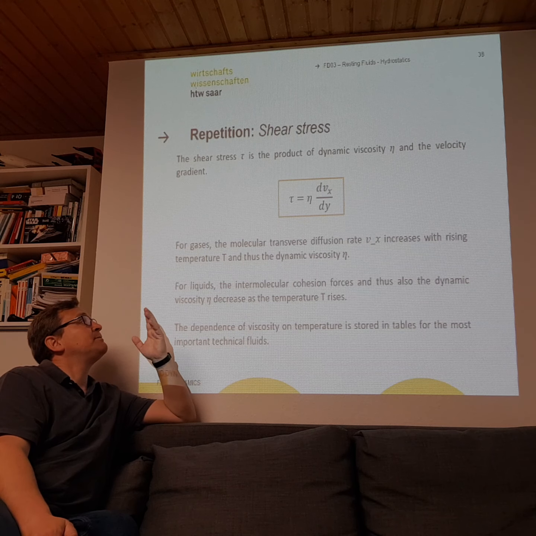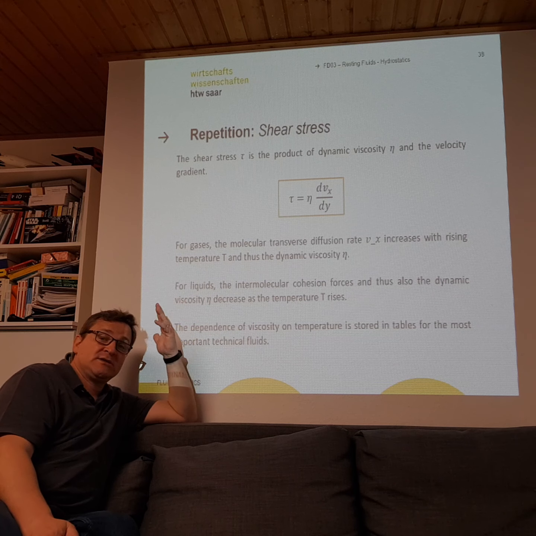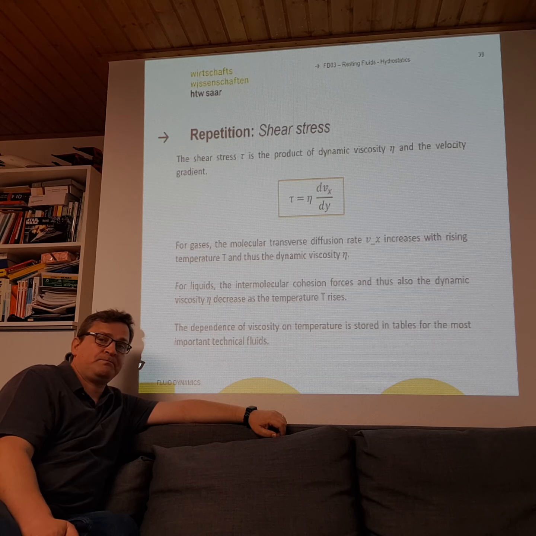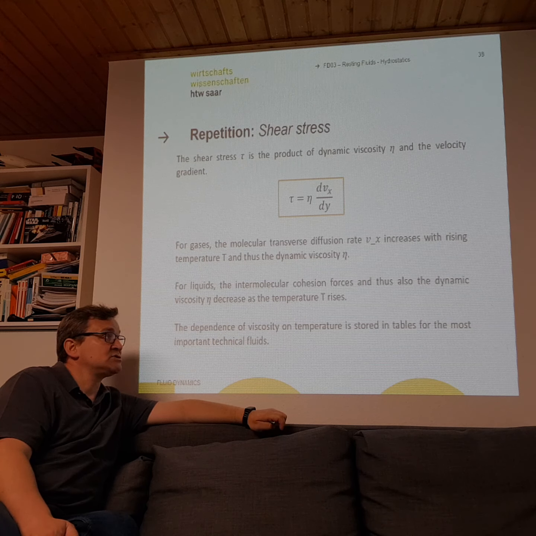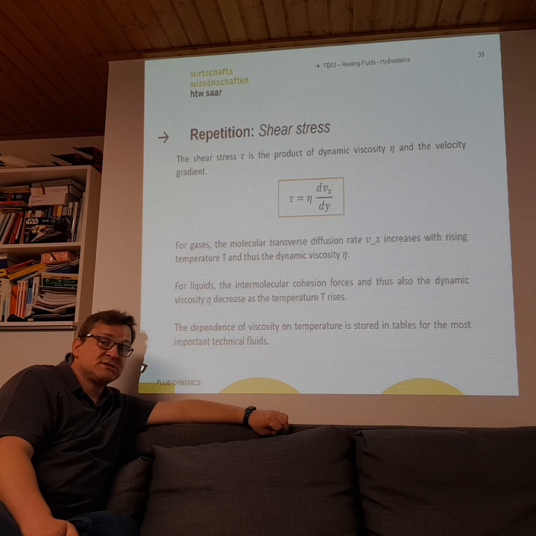But of course, if it is static, the gradient is 0, and then you get no value for the shear stresses. Later, we will go into more detail with the shear stresses in fluids, different to solids.